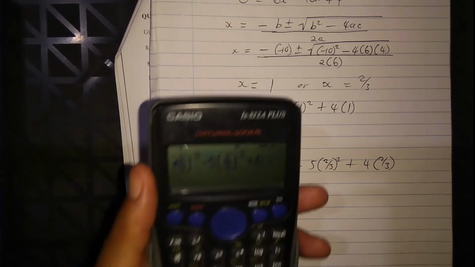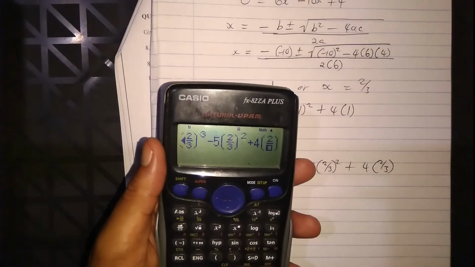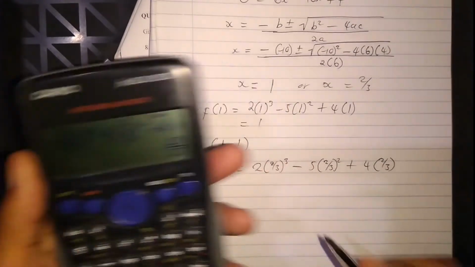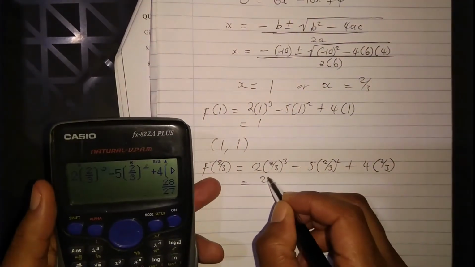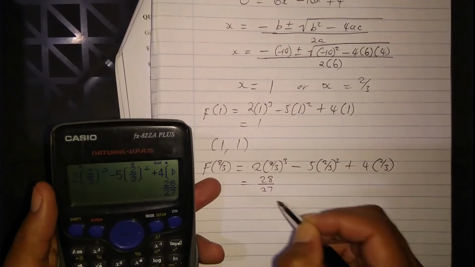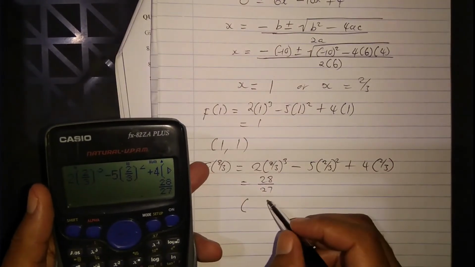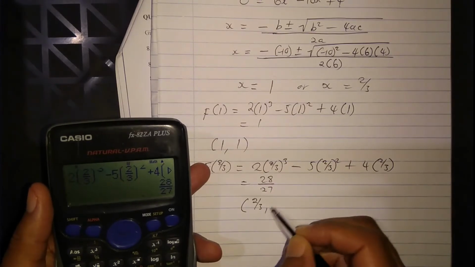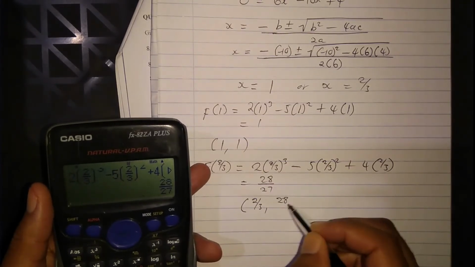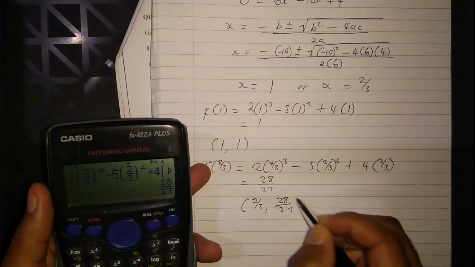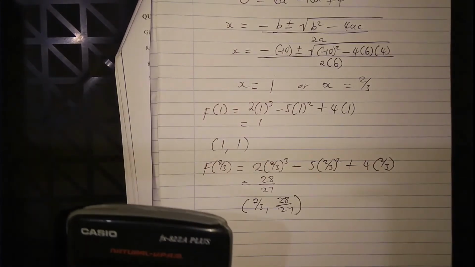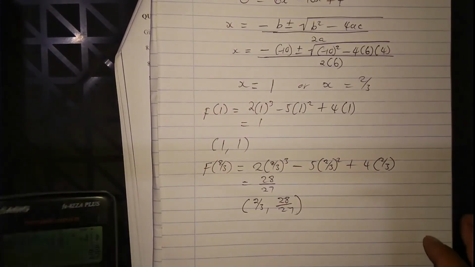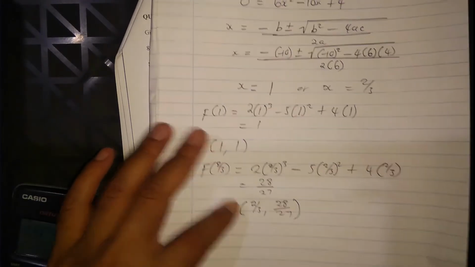If I go 2 over 3, our answer is 28 over 27. So the second turning point is 2 over 3 for x and 28 over 27 for y. So this is our final answer. Those are my turning points, which we need for 8.3 when sketching the graph.